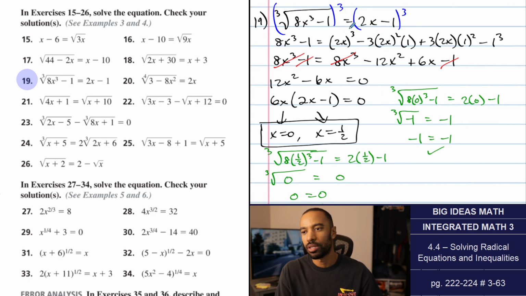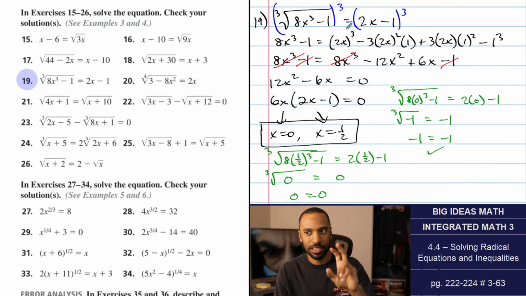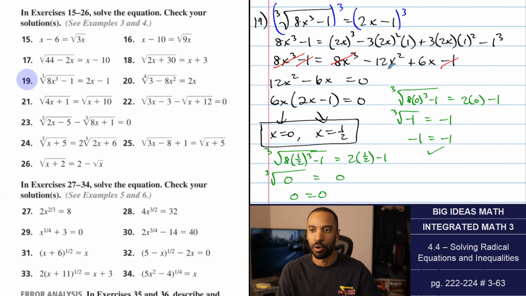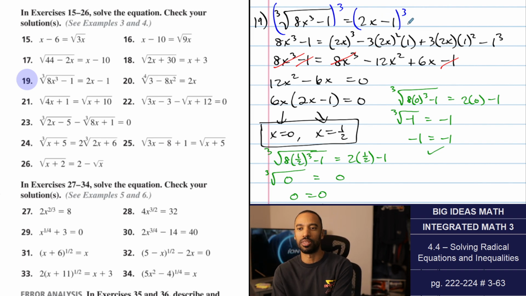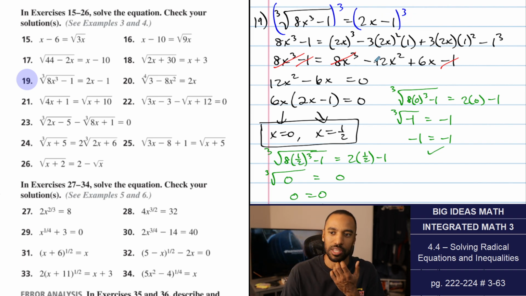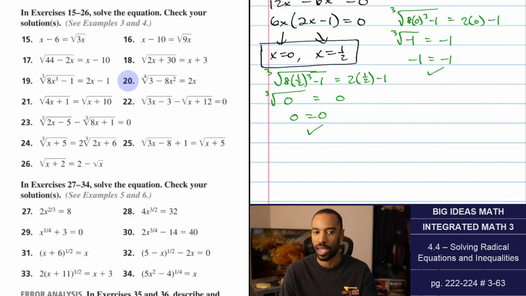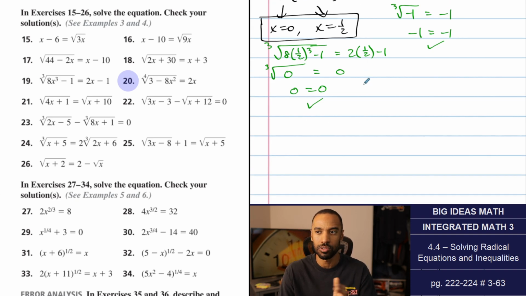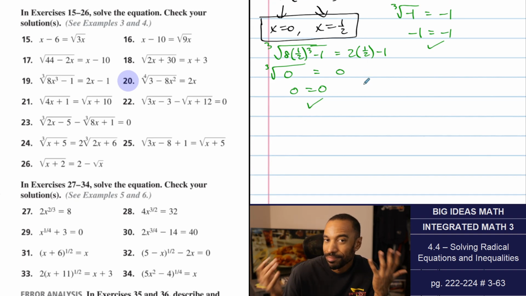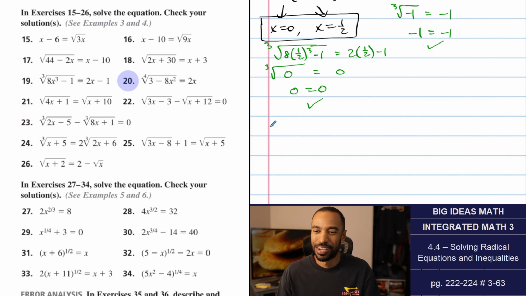Okay. Now, the idea behind this one, if we saw a graph of both of these things, well, I don't know what the cube root of 8x cubed minus 1 actually looks like, so I couldn't tell you. But the fact of the matter is there can be two solutions on these ones, and this time it happened to be an odd root, so maybe that starts to get you to think, well, can we have extraneous solutions with odd roots? I don't know.